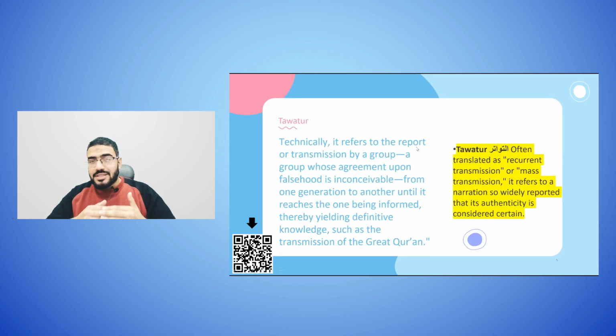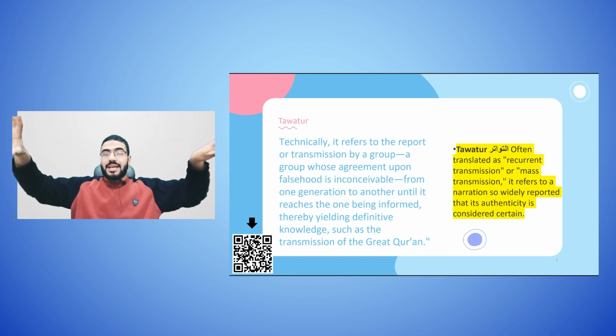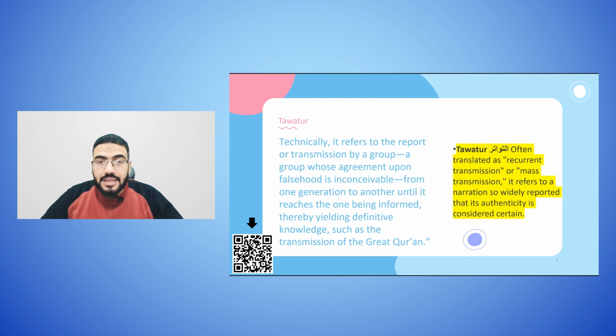At-tawatur, often translated as mass transmission, refers to a narration so widely reported that its authenticity is considered certain. So this is in Arabic, in language in general. Now let's talk about at-tawatur, the terminology in the science of Islam, or the knowledge of Islam.